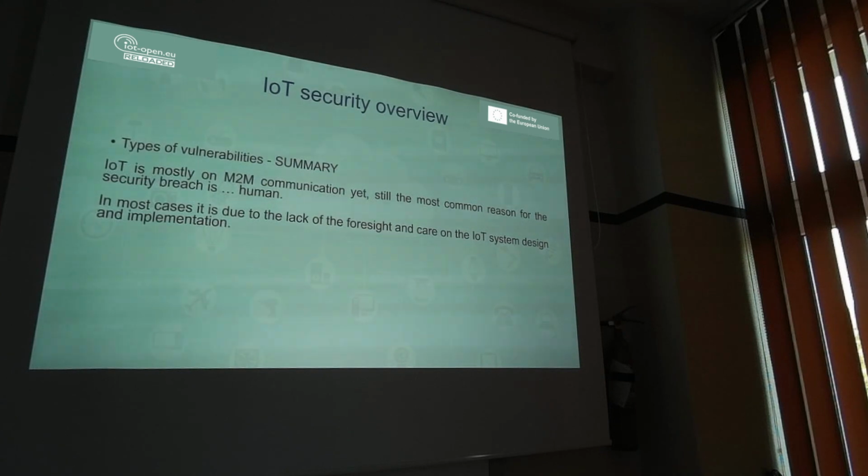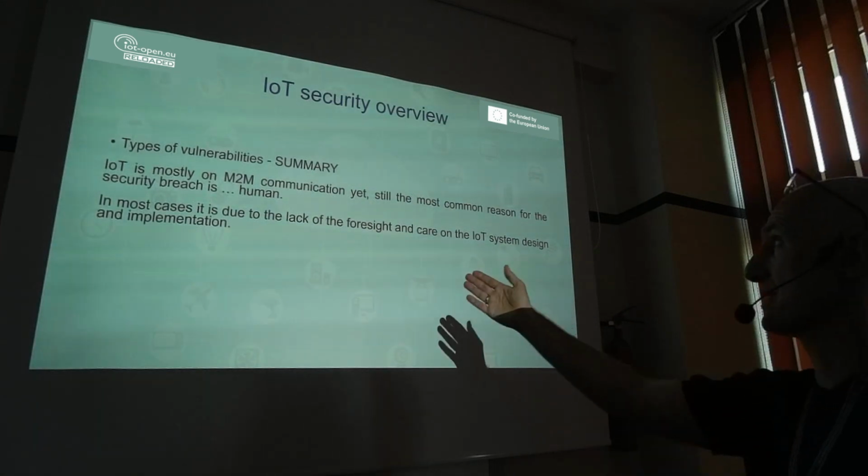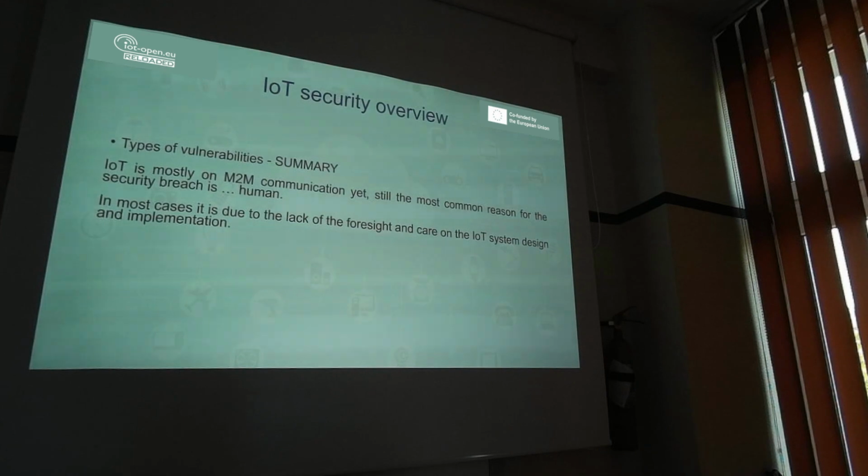Either because of poor design, or because of the lack of security in the development process, or a feeble approach to the implementation and then introduction of the systems, right? In most cases, it's just a lack of foresight, right? And care in the IoT system design and implementation. Yeah, still.